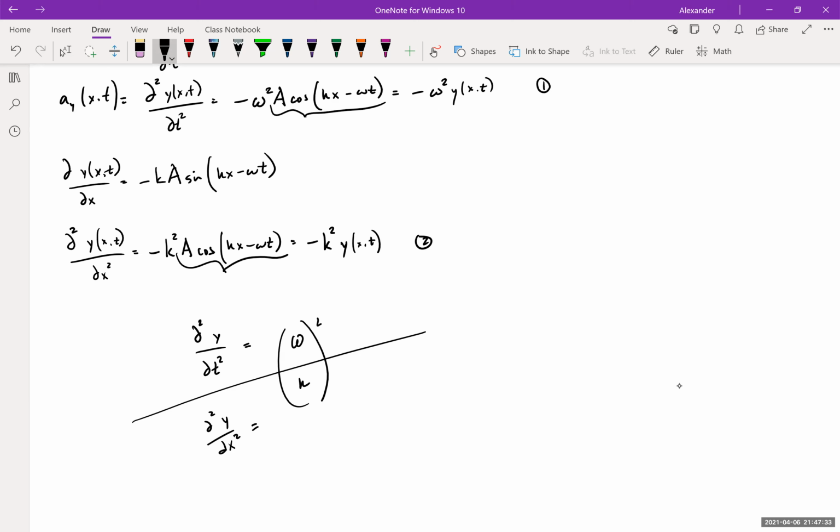So if we cross multiply, this is a really strange way to write this. Hopefully it makes some sense. I'm going to ask you to trust me on this. I know I've been making mistakes all night, but this turns out to be real.